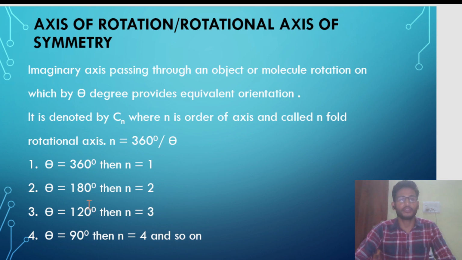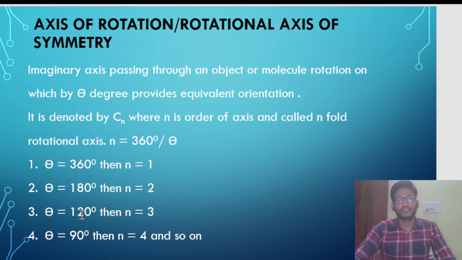And when we rotate an object around the imaginary axis by 180 degrees, then we get n equal to 2, and in this case we say this rotational axis is a two-fold rotational axis.